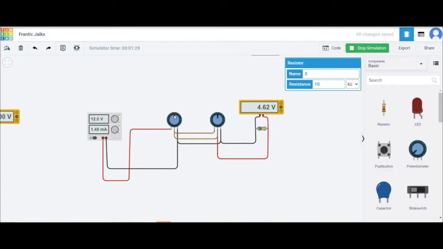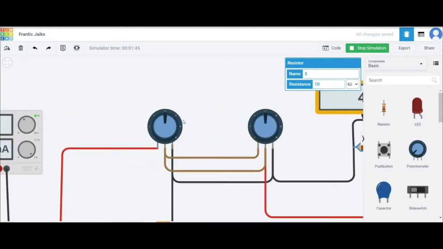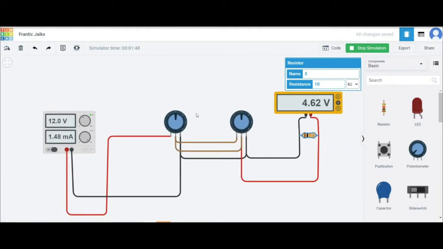So we just vary R1 and check the voltage reading of R2. I'll put it at the middle also for the entire circuit using the different meters having different internal resistors.